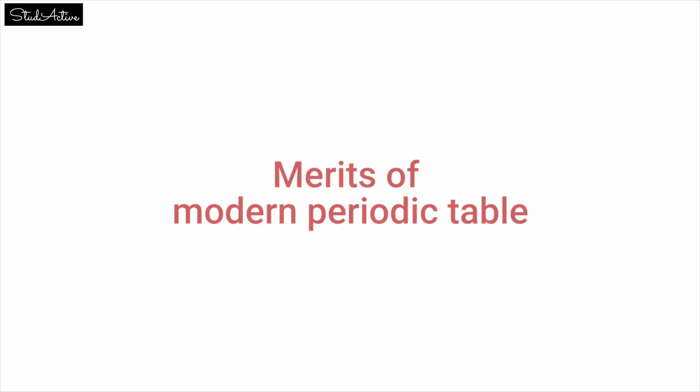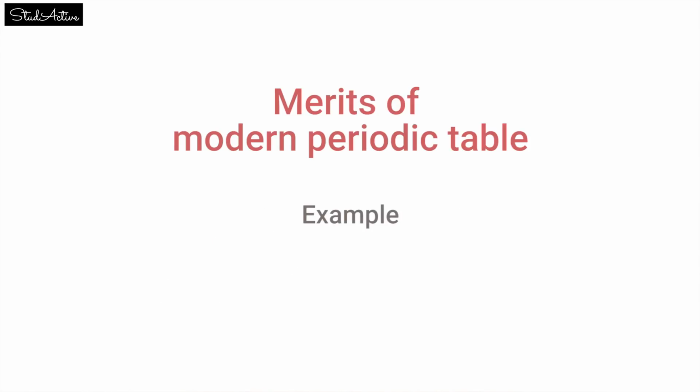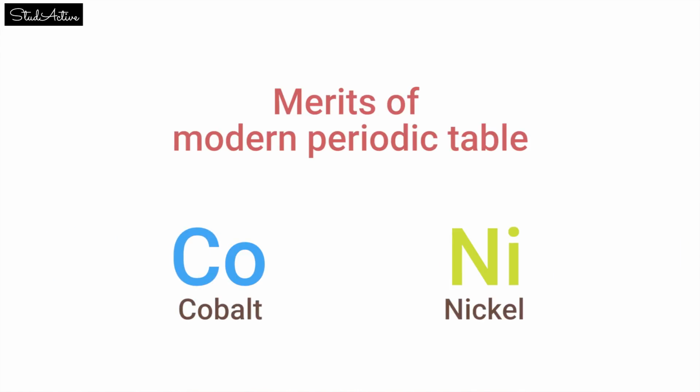periodic table. Second, when elements are arranged according to the atomic numbers, the anomaly regarding certain pair of elements in Mendeleev's periodic table disappears. Example, cobalt and nickel. Let us consider two elements, cobalt and nickel. The atomic number of cobalt is 27 and that of nickel is 28.